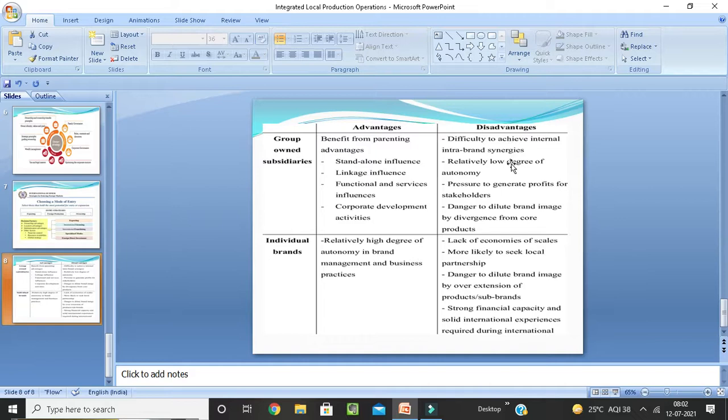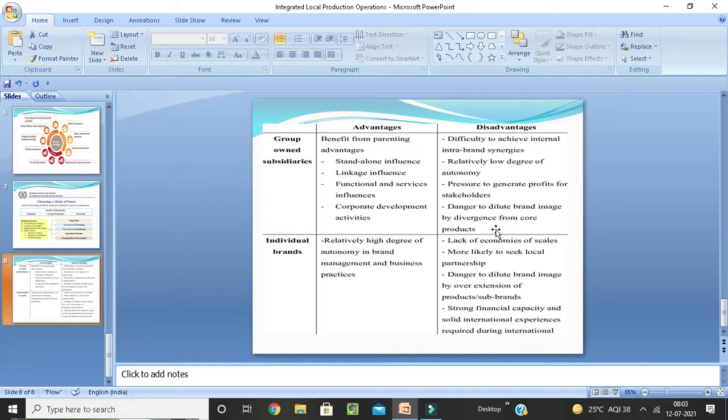And what are the disadvantages? It is difficult to achieve intra-group trust synergies, there is a relatively low degree of autonomy, pressure to generate profits for stakeholders, and danger of diluting brand image by divergence from the core product or from within the partnerships. And what are the individual disadvantages? Lack of economies of scale, maybe the investment can be very low, more likely to seek local partnership.